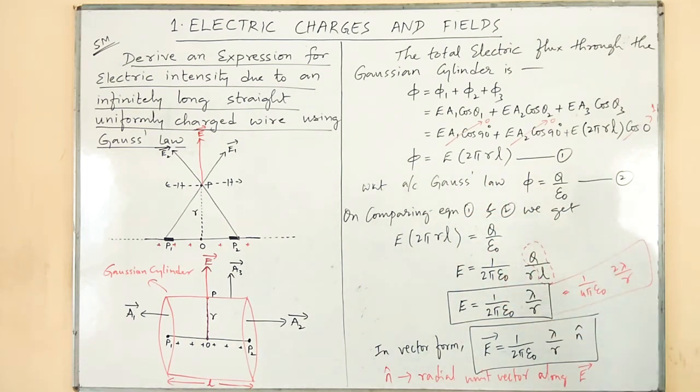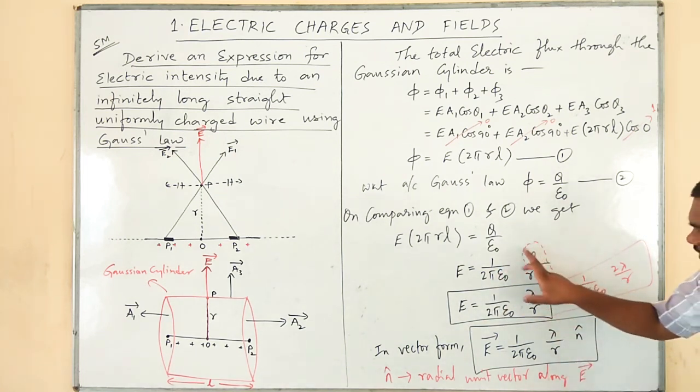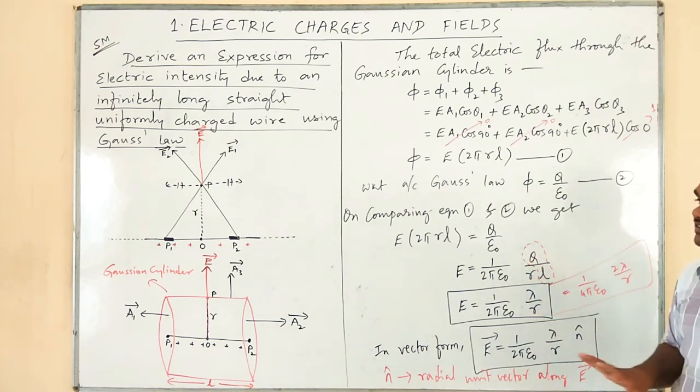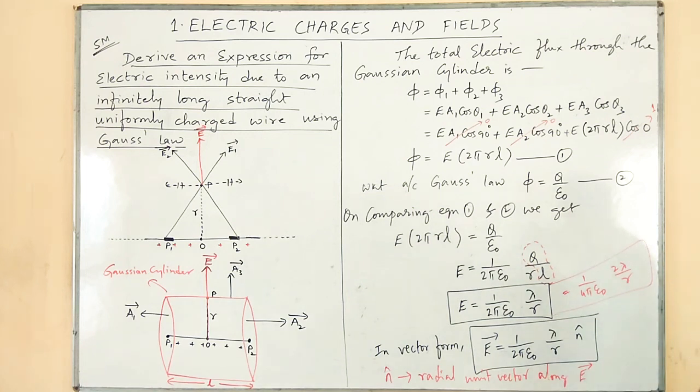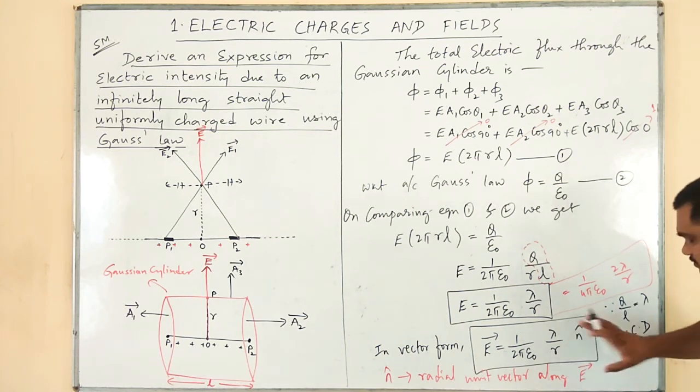So simplified and finally I have got E is equal to 1 by 2 pi epsilon naught Q divided by r L. Here, charge divided by length is nothing but the linear charge density of that particular wire. Therefore, in place of Q by L, I have written lambda. Q by L is equal to lambda, that is linear charge density.